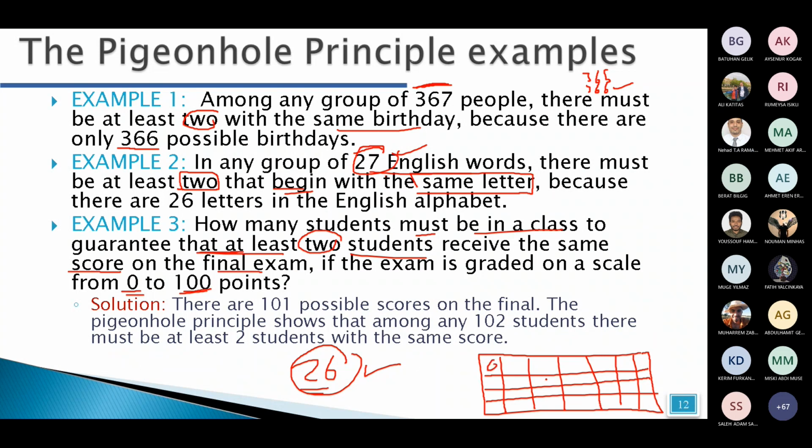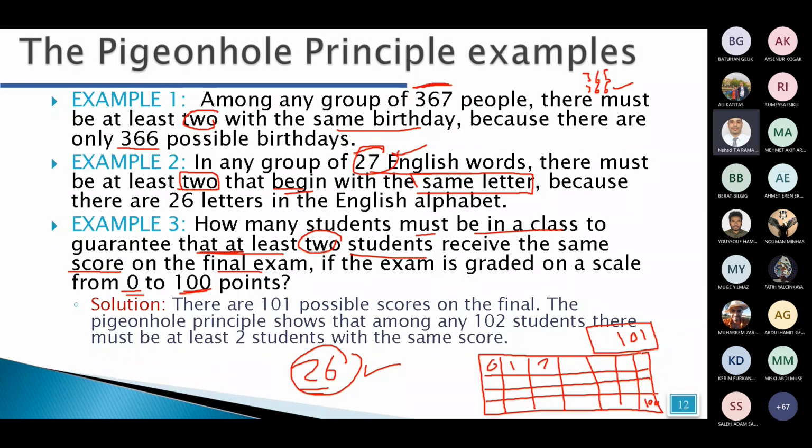From 0 to 100, it's actually 0, 1, 2, up to 100. It's actually 101 different marks or scale values, because from 1 to 100 it's 100 ways, and we could have one with 0. I want to distribute the students over the scale.